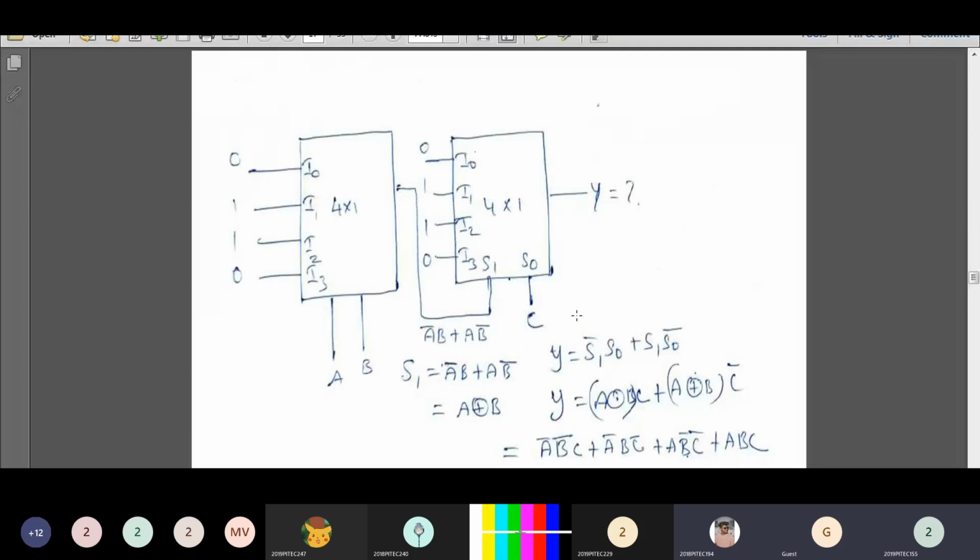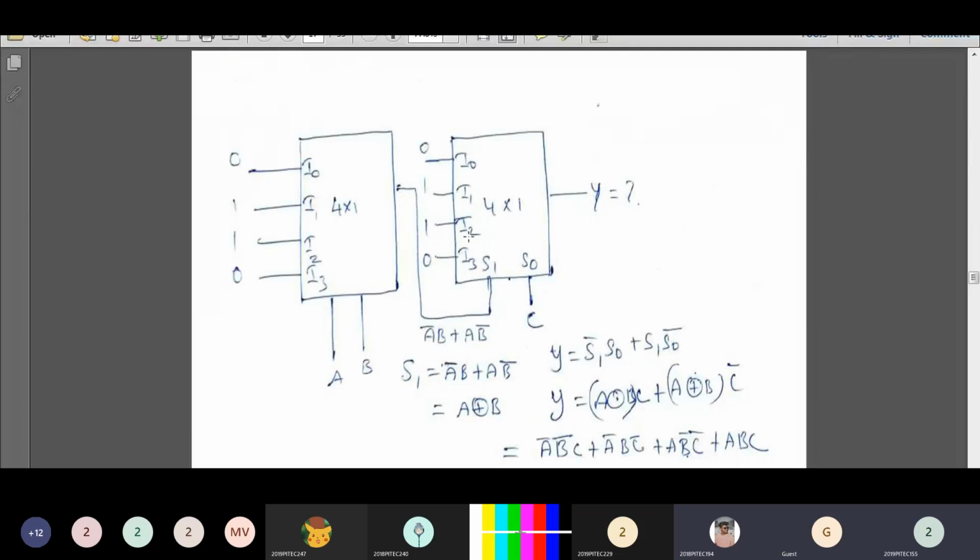Y is equal to S1 dash S naught plus S1 S naught dash. When your selection input S1 S naught is 0, 1, I1 will be connected to the output. That represents the minterm S1 dash S naught, which should be multiplied with the I1 value. Here I1 value is 1, so you can directly write S1 dash S naught.